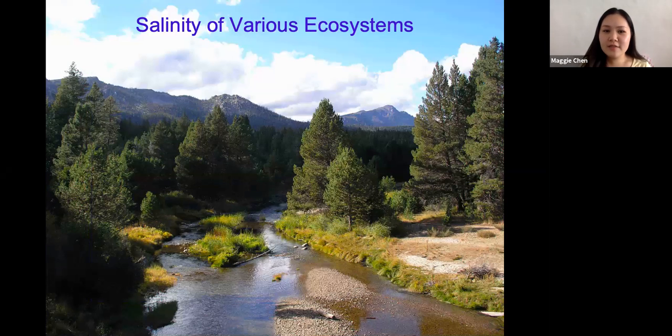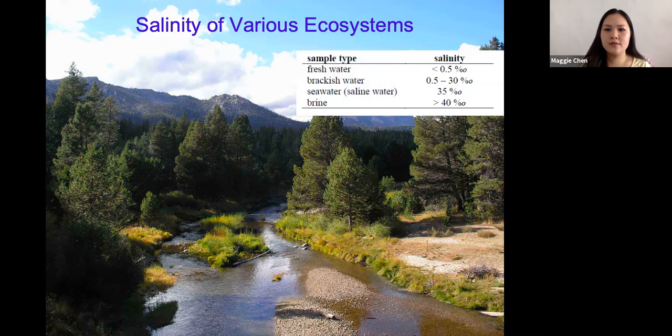So the salinity of various ecosystems is going to vary based on whether you're looking at a freshwater stream, the ocean, or maybe a mix between both of those. And so salinity can be defined by different sample types. Freshwater would have a salinity of less than 0.5 ppt.